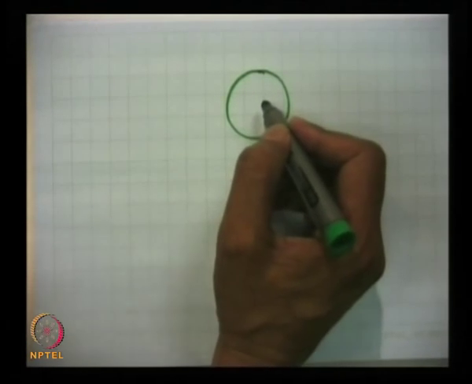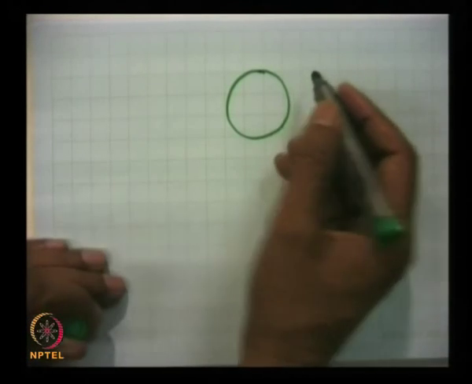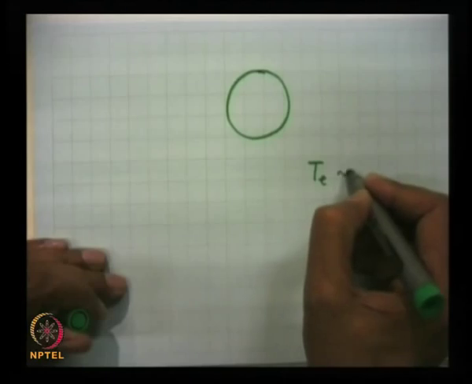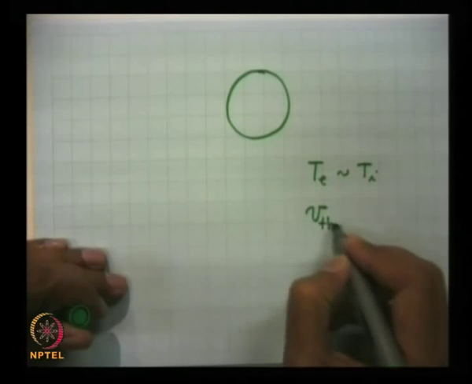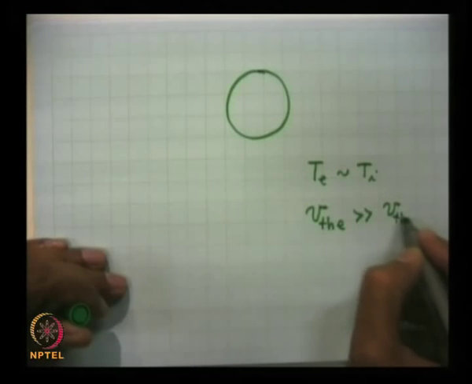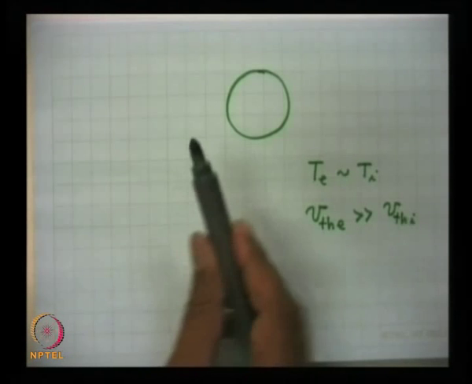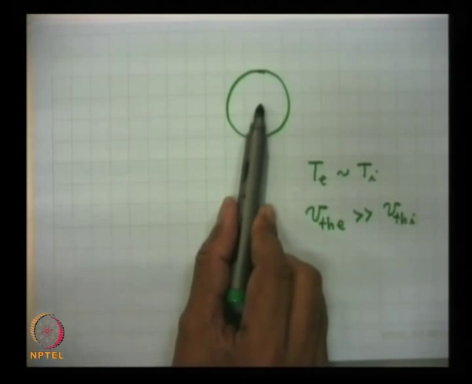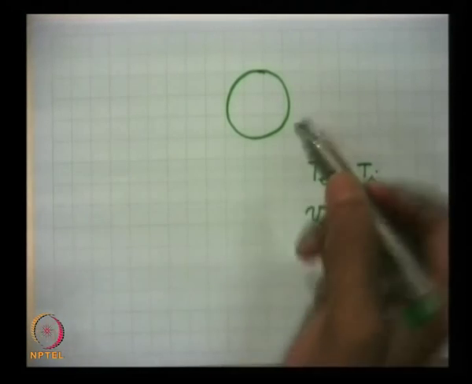If I assume the electrons and ions are at comparable temperatures, so Te is comparable to Ti, still the thermal velocity of electrons is much bigger than the thermal velocity of ions due to their different masses. So, what will happen? The plasma which is filled in here has electrons moving with large thermal velocity, so those electrons will quickly get out.